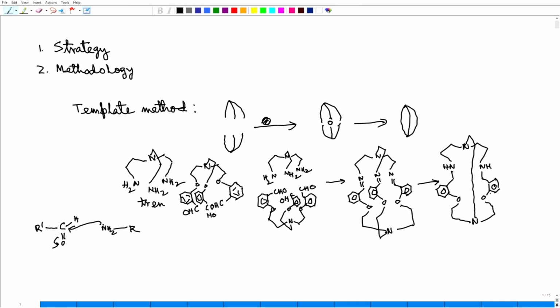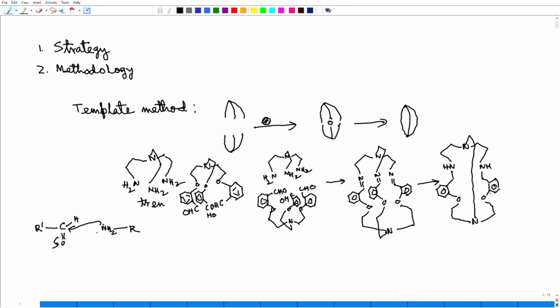So, that means it depends upon the availability of the lone pair on nitrogen for the reaction to go forward. The reaction did not go forward. Why? Because we always took a transition metal ion, and a transition metal ion binds this amine pretty well.